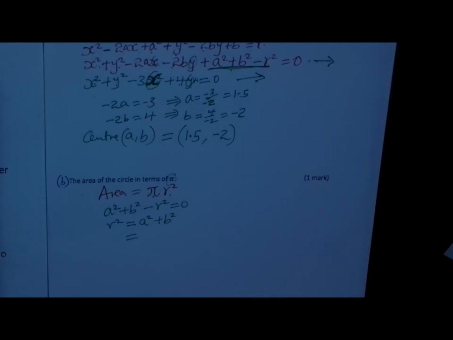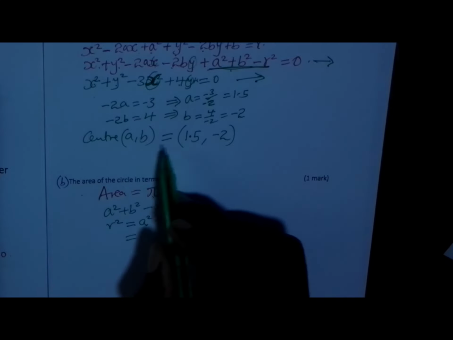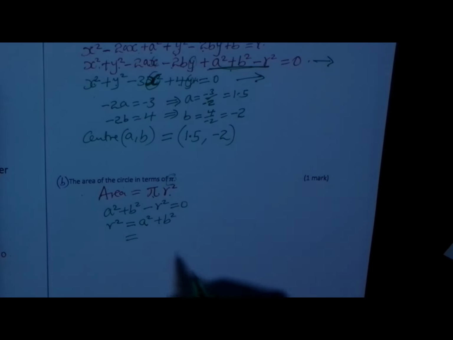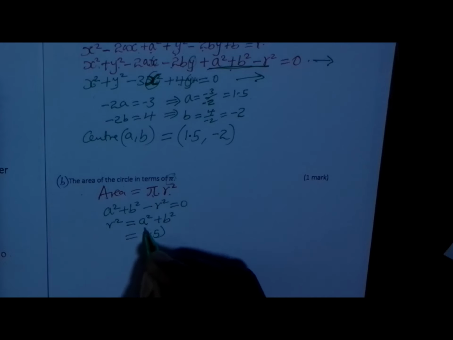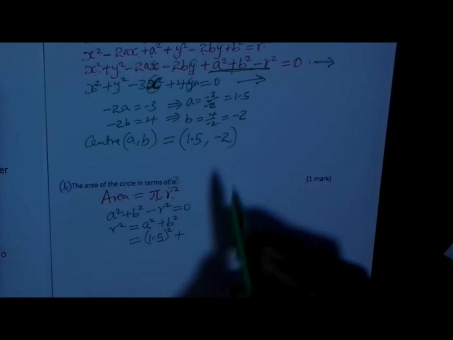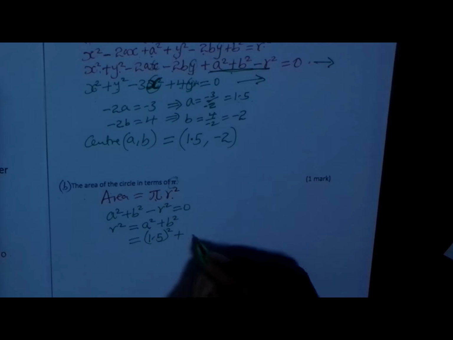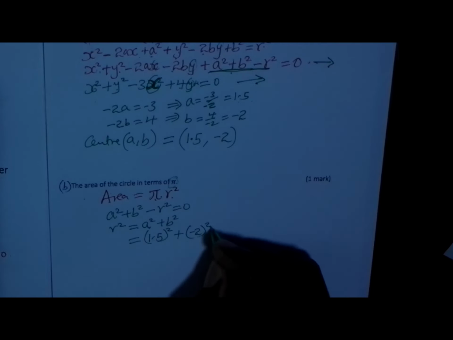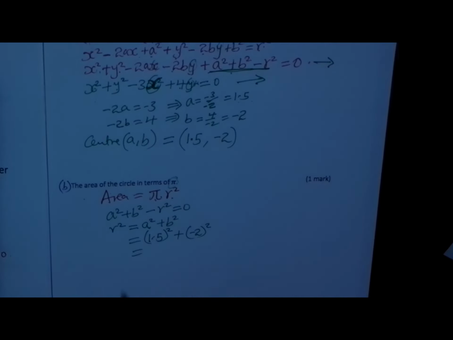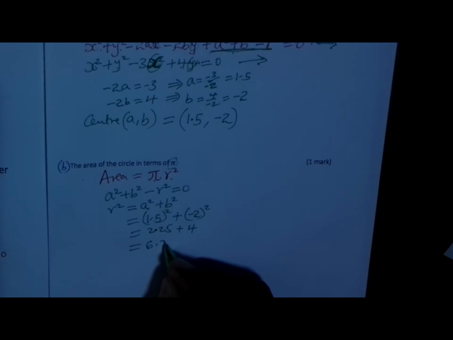But we know a is 1.5, so we have 1.5 squared plus b is minus 2, so minus 2 squared. 1.5 squared is 2.25 and minus 2 squared is 4. If we add, we get 6.25.